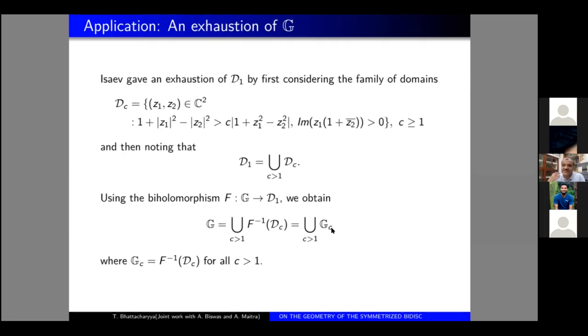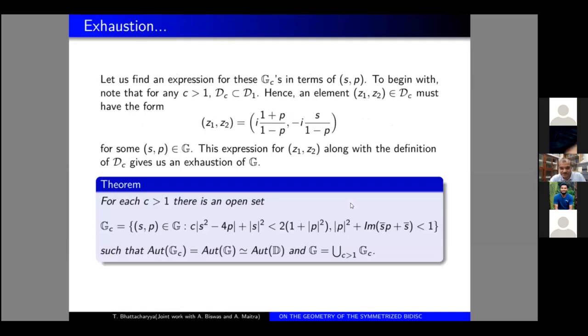And since it exhausts D1, finally the union has to exhaust G as well. And this is the expression for G_C. You just apply the biholomorphism, pull back D_C, and this is what we get in the end.